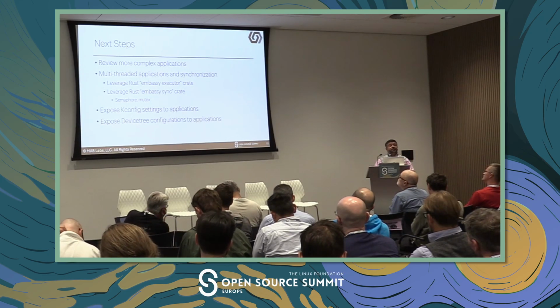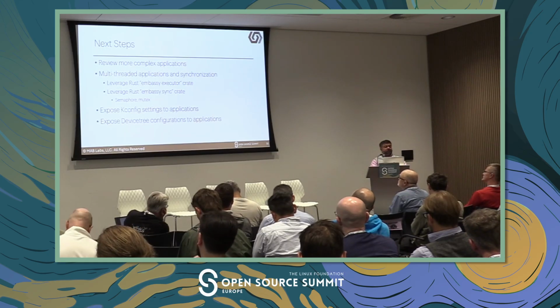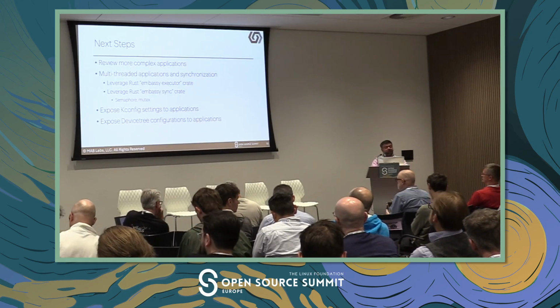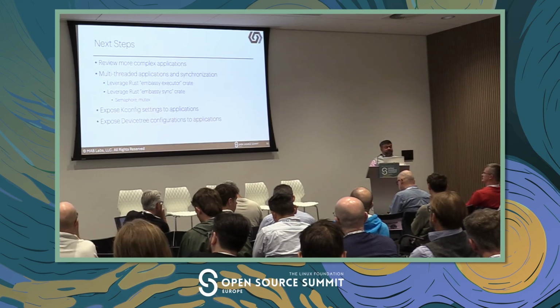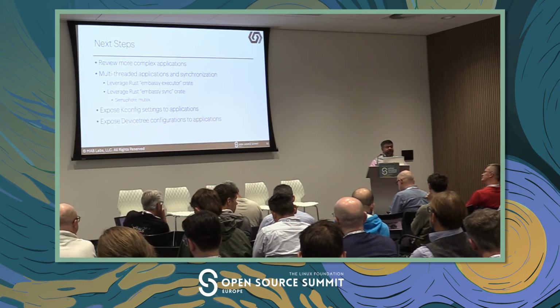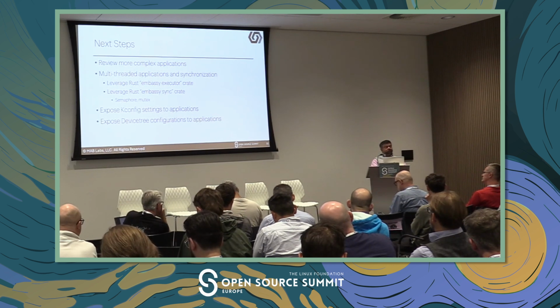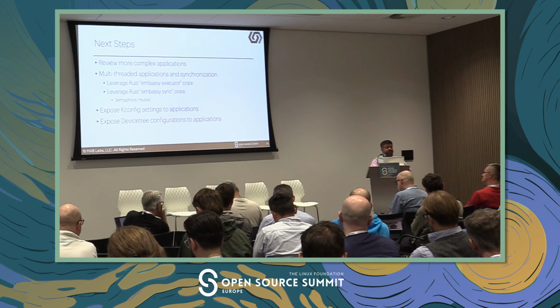My point is that it's not strictly just Rust. It's not just leveraging the Embassy executor crate in Rust. There's also a Zephyr side: if you look at the actual OS implementation, it has its own implementation that builds on top of what Rust already has.